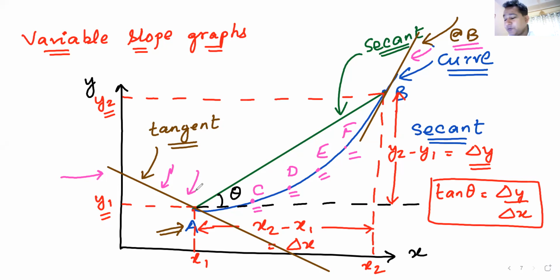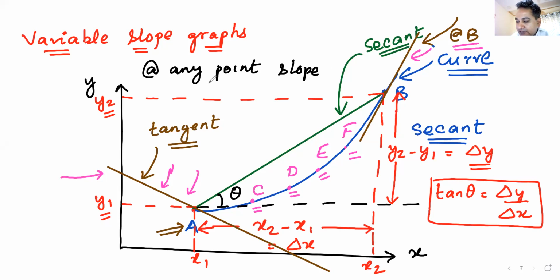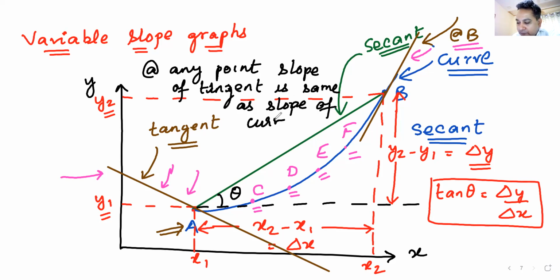Listen to this point very carefully. I'll write it in black. At any point, the slope of the tangent, you understand the slope of a tangent, is the same as the slope of the curve.